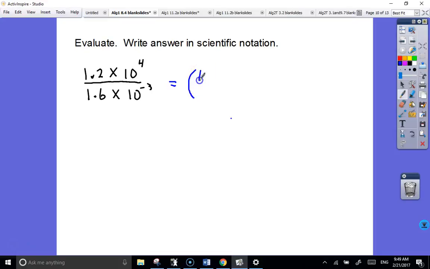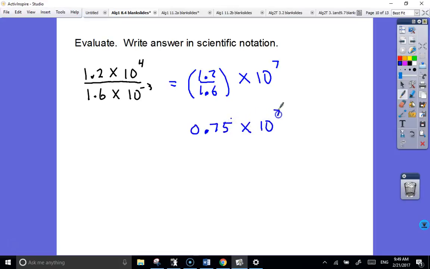This is 1.2 divided by 1.6 times 10 to the, what is 4 minus negative 3? Positive 7. Okay, what is 1.2 divided by 1.6? 0.75. Okay, so it's 0.75 times 10 to the 7th.